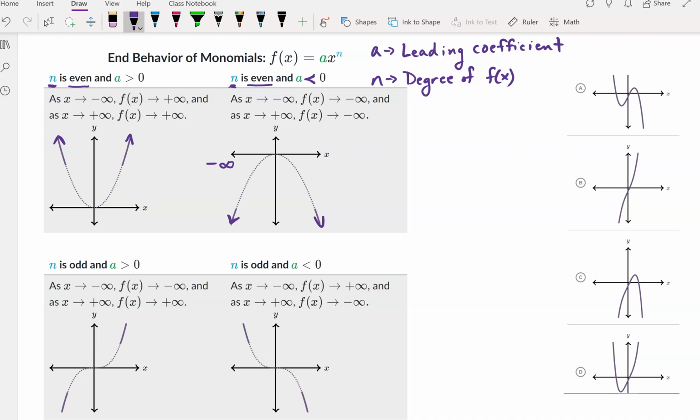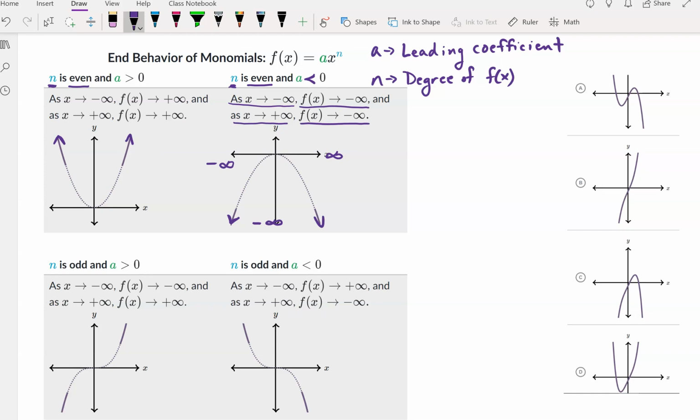So as x approaches negative infinity, that's what this is saying right here, then your y value is also approaching negative infinity. And here it is right here. Similarly, if your x is approaching infinity, that means as your x values are going to infinity, your y values are approaching negative infinity.